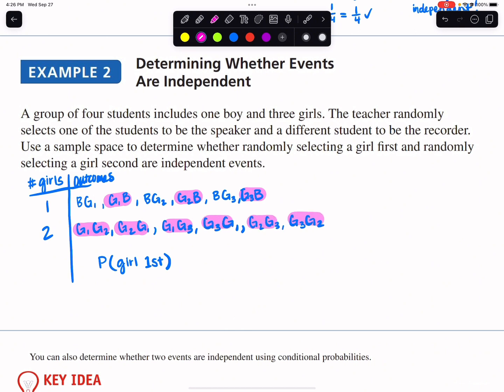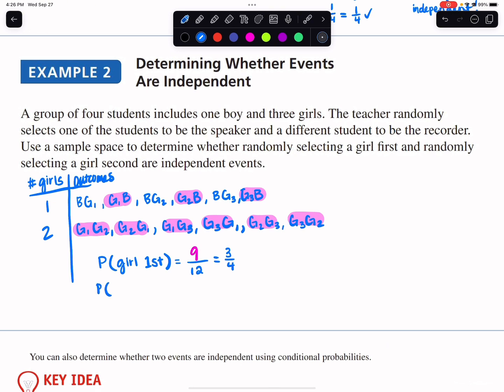Obviously all the girls. So total I have 12 possibilities. And then I have 9 where I chose a girl first. I'm going to simplify that, so 9 over 12, divide both by 3, get 3 over 4.